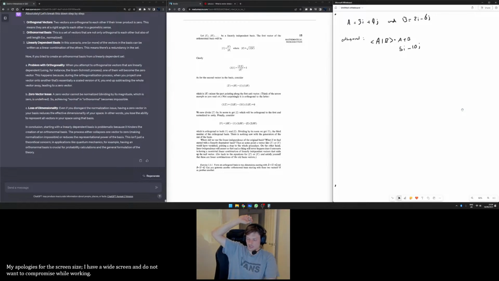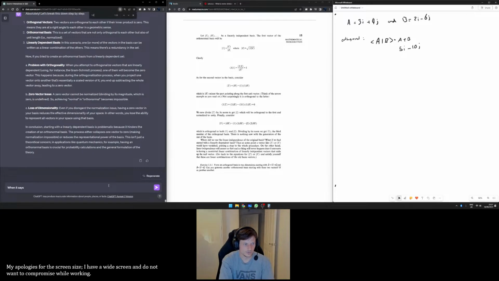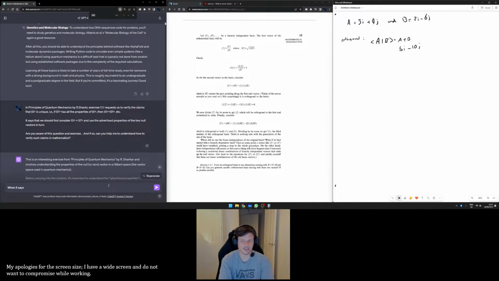So how do we know what the bases are? Because these are not, so form an orthogonal basis in two dimensions starting with, maybe I need some help here, because I don't think I know enough about this stuff to collate the two. So when it says, exercise 1.3.1, okay, so I haven't talked about this one yet.